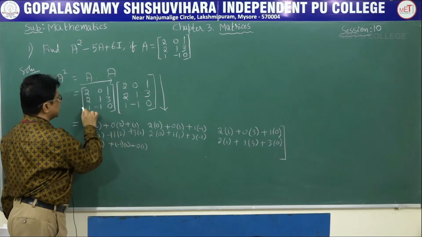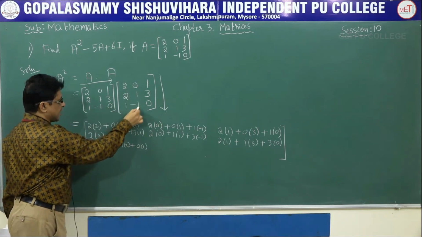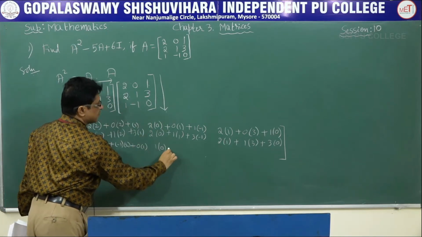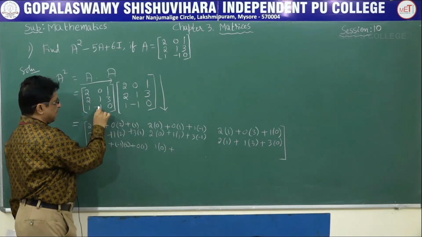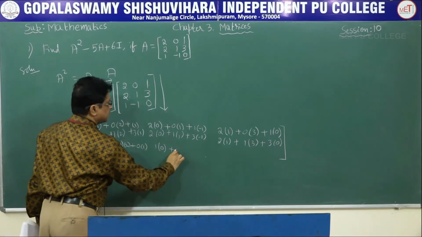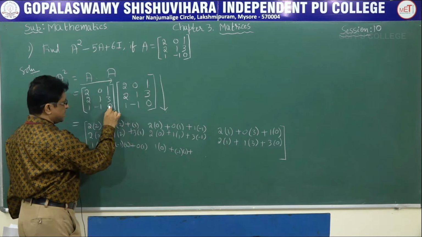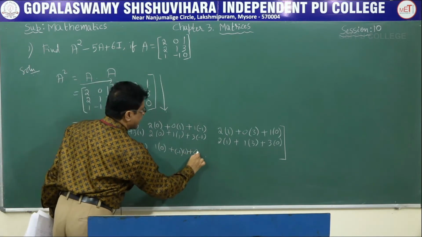Next element is third row into second column, that is 1 into 0 plus minus 1 into 1 plus 0 into minus 1.